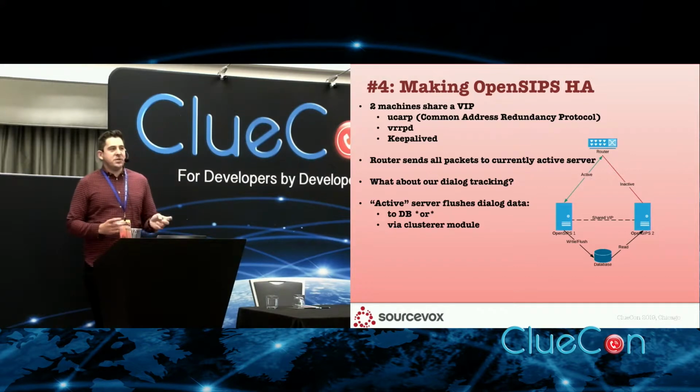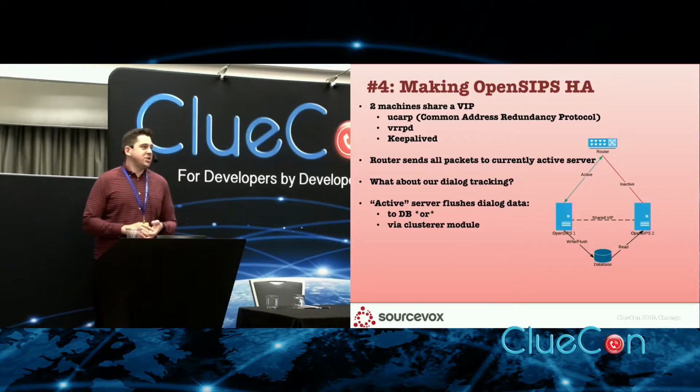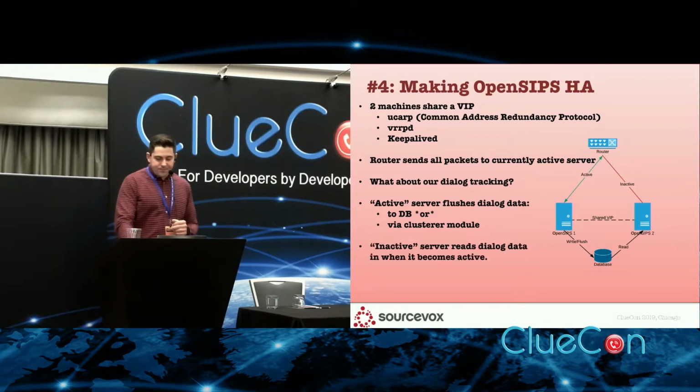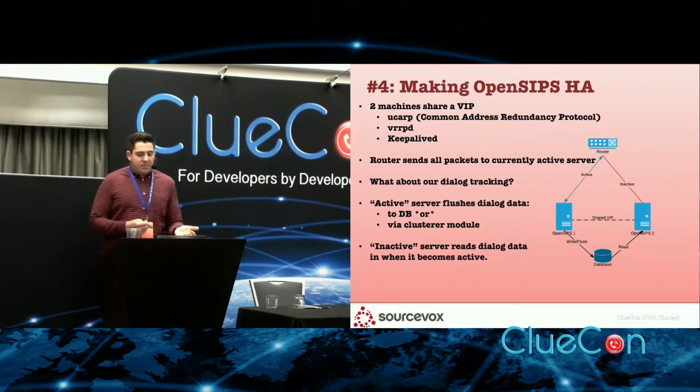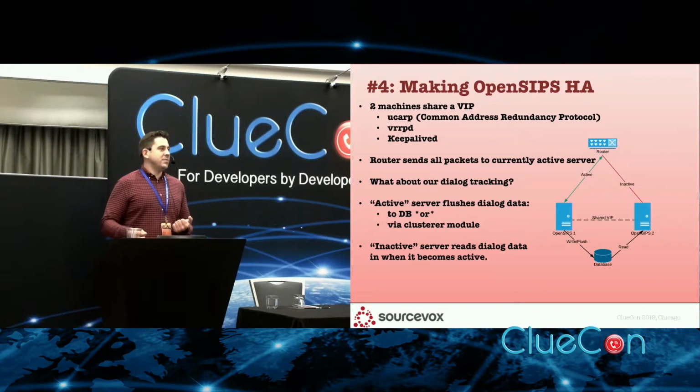So two or more copies of OpenSIPS will share information between each other about all the ongoing active dialogs. When the inactive server becomes active because there's been a failure of the master, it will read all the dialog data in from the database, or if you've used the clustering module, it will already have that information built in.